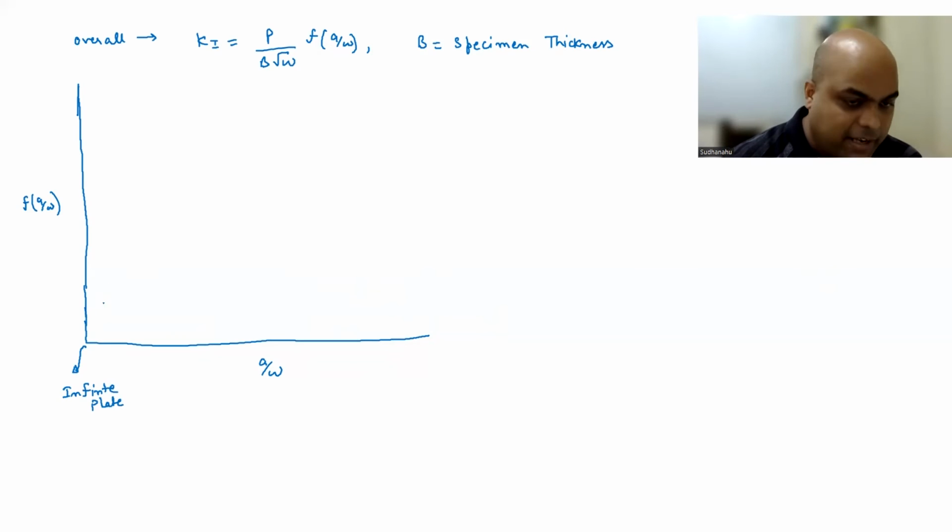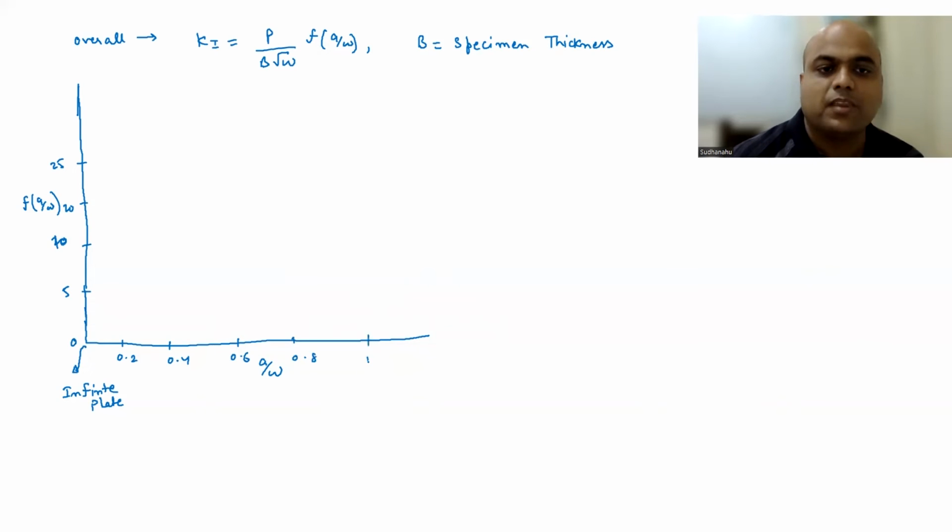So if I just mark here 5, 10, 15, 20, 25, like that. And this is 0. a/W is say 0, 0.2, 0.4, 0.6, 0.8, and then 1. Okay. So again, I am drawing a rough sketch. It is not up to the scale.